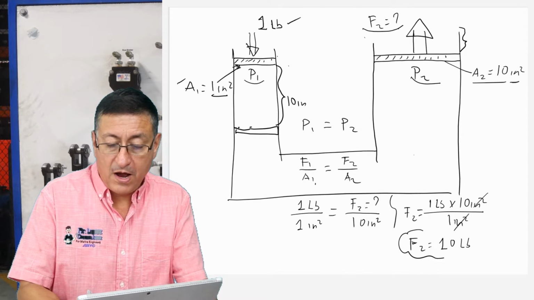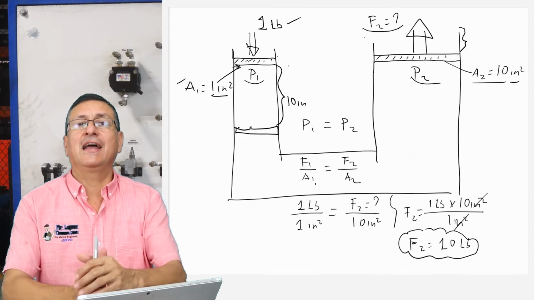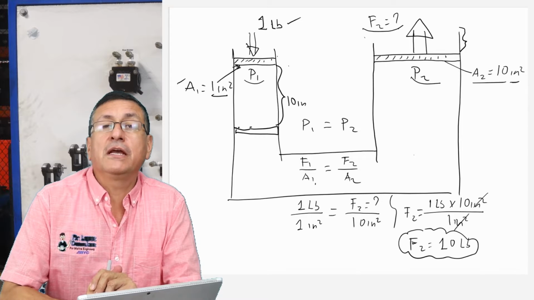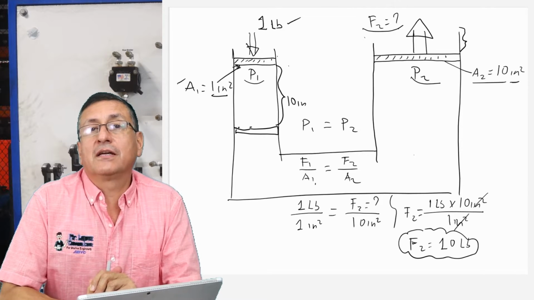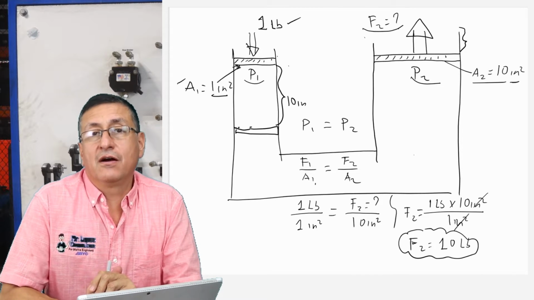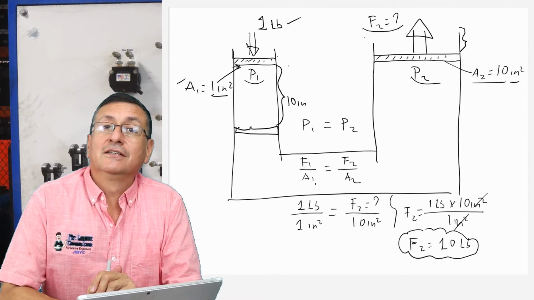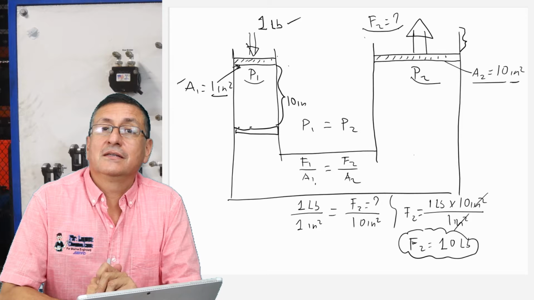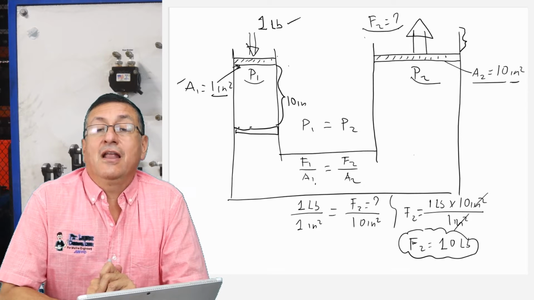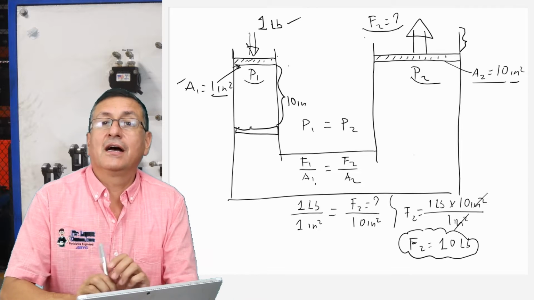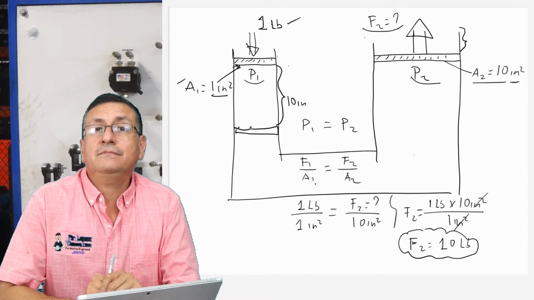Wow, 10 pounds. I multiplied the force 10 times in this particular example because the area of the piston increased 10 times. It's a lot. This is the final force in the second piston: 10 pounds.